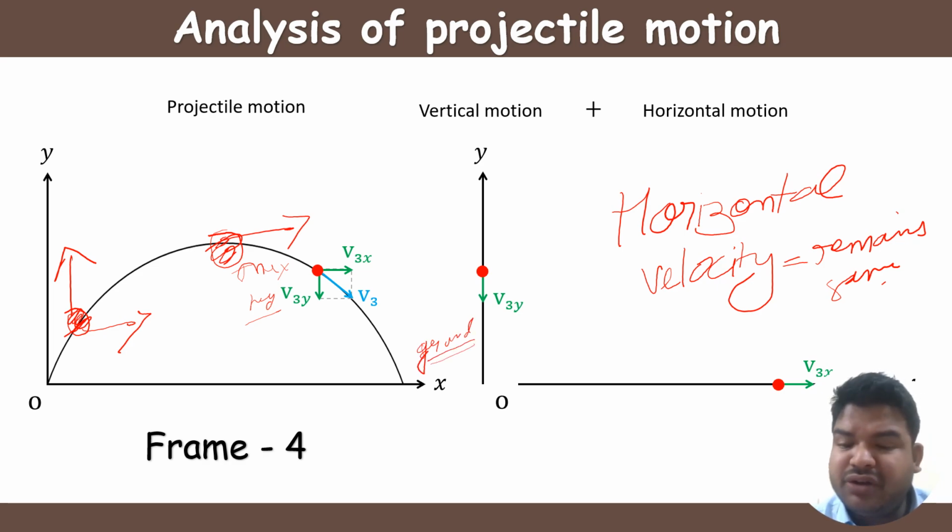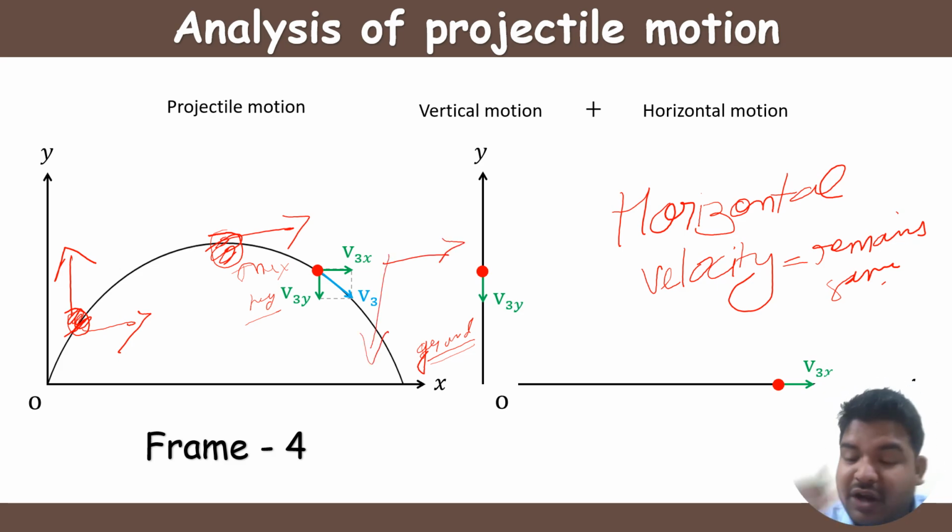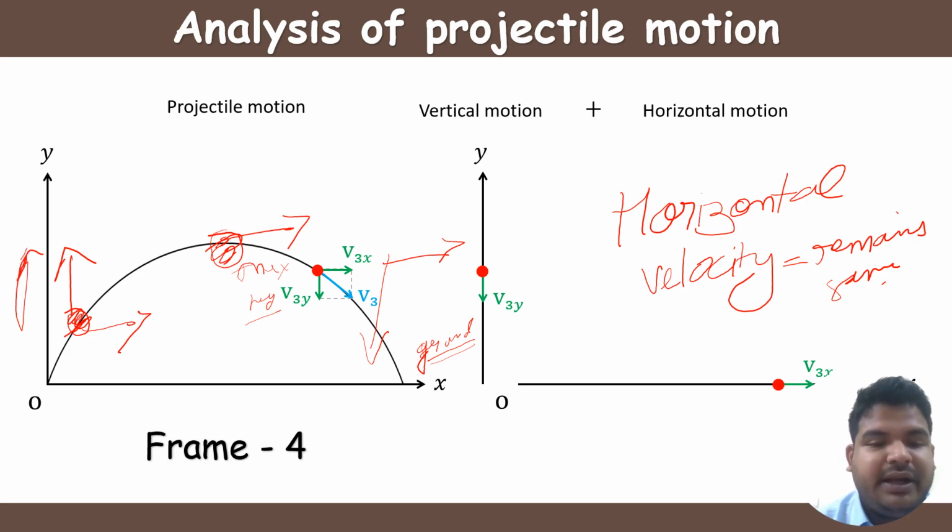The direction of velocity also gets changed, but the components of velocity, horizontal as well as vertical, as you are seeing, the vertical velocity gets reversed, not the horizontal one. Initially it was going up, and now the vertical velocity is going downward, and the horizontal velocity remains the same as it is.